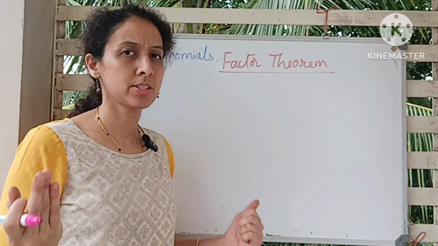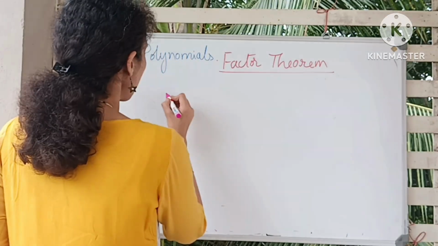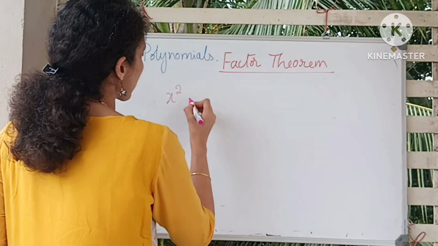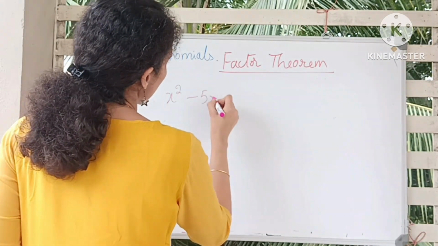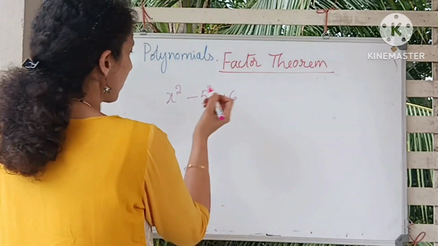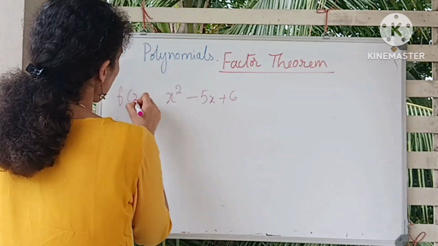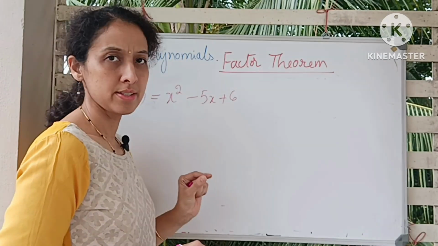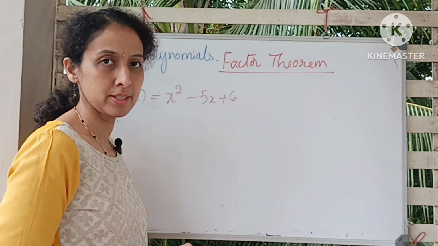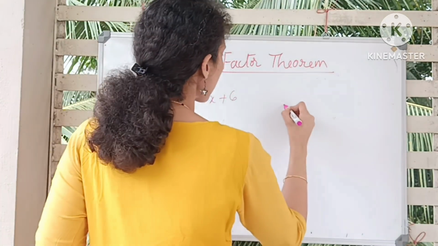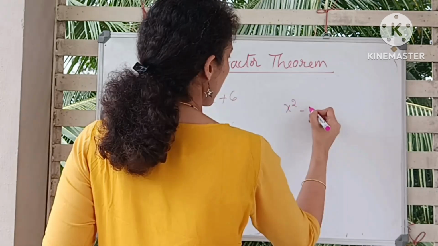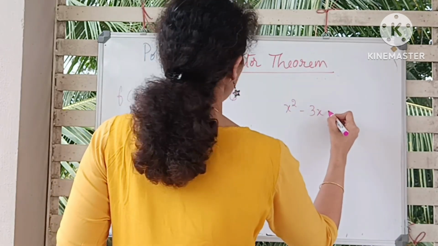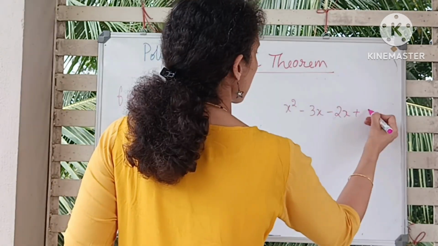Now I am writing an algebraic expression x square minus 5x plus 6. Let me call it f of x. Now if we factorize this using the splitting of middle term, we get x square minus 3x minus 2x plus 6.